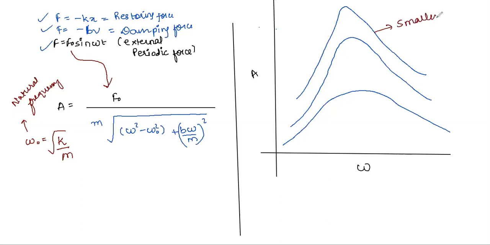This will be said to have the least or smallest damping. The middle one will be said to have medium damping. Then the third one will be said to have a larger damping.